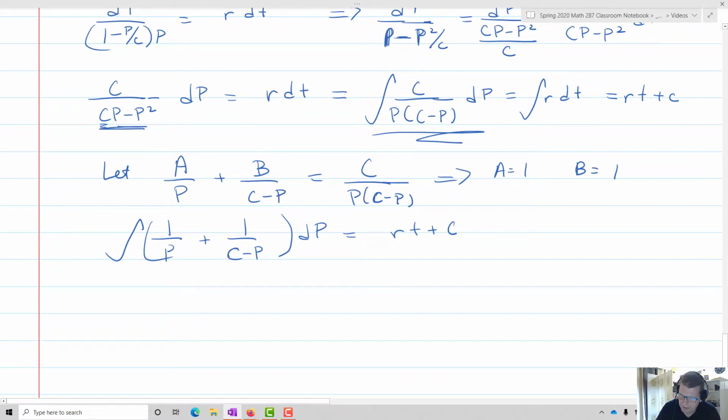And now those integrations are not that bad. That's going to give me the natural log of p plus the negative natural log of c minus p equals rt plus c.